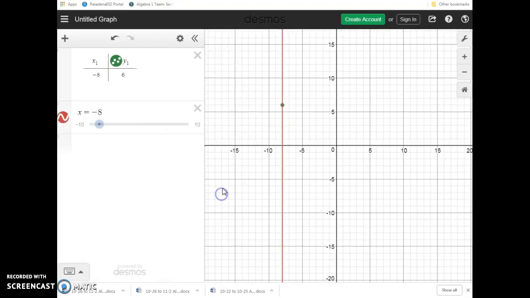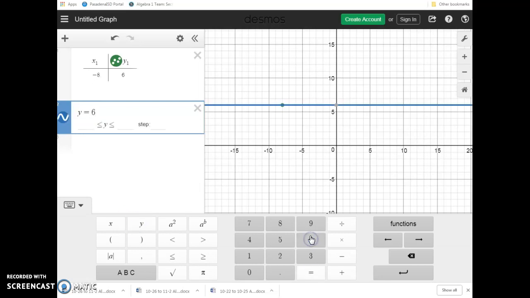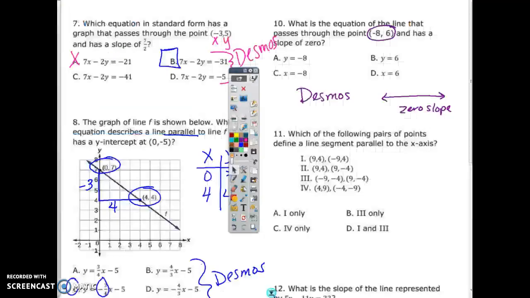Okay? That does pass through the point, but this is not 0 slope. This is undefined slope, and that's not what I wanted. Let's do letter B. Y equals 6. Okay, that is a 0 slope line, and it does pass through my point, so letter B is your answer.